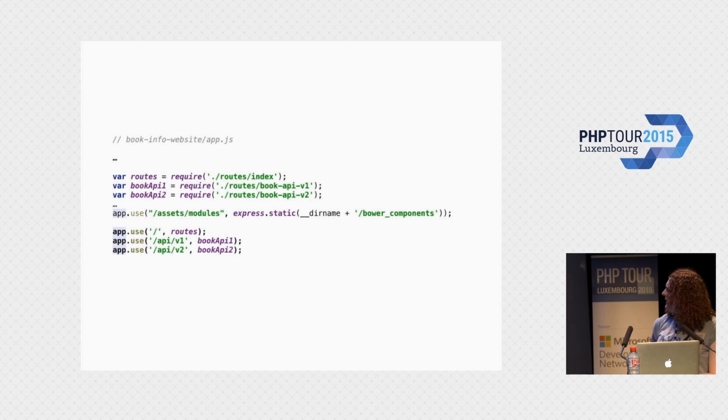It just shows you how to make a client. And we have the book API v2, which actually combines data and makes requests asynchronously. We're also loading a modules directory from the Bower components. Like I mentioned earlier on, I like to use Bower to pull in my components, pretty much the same as Composer, but with more of a front-end sort of bent. And you can then mount these routes off specific URLs.